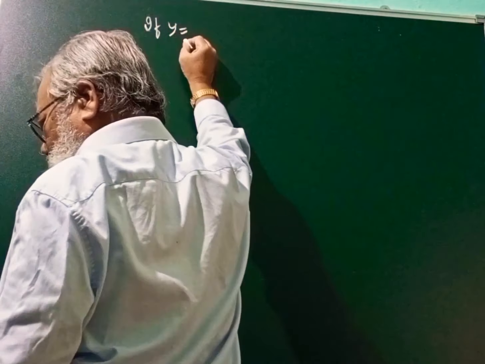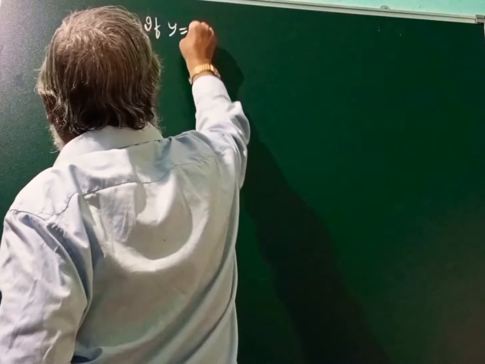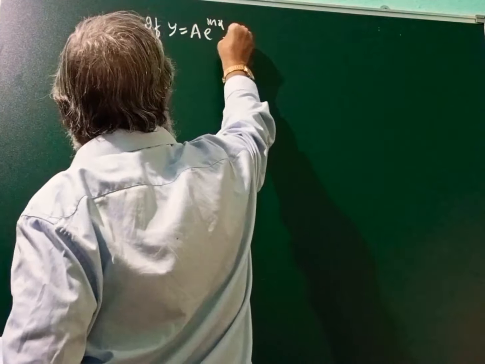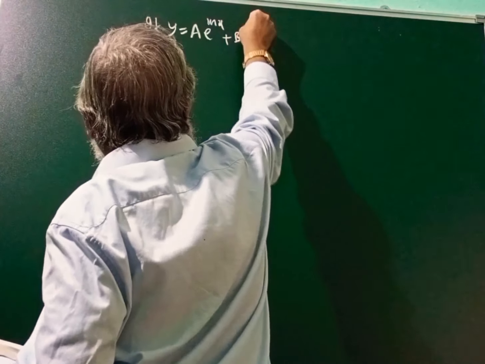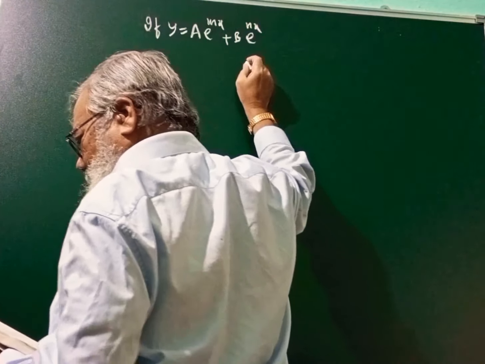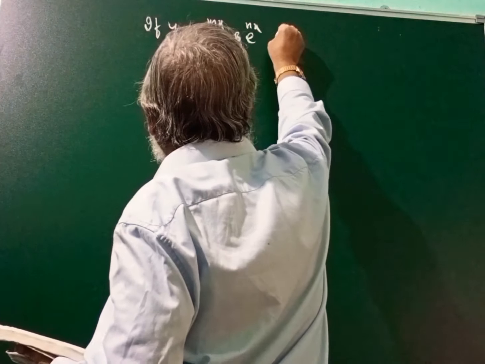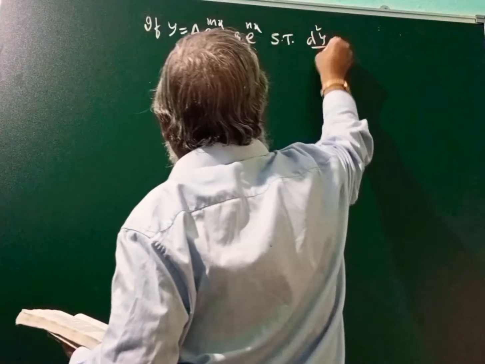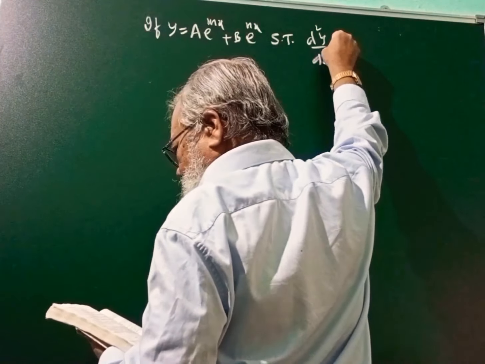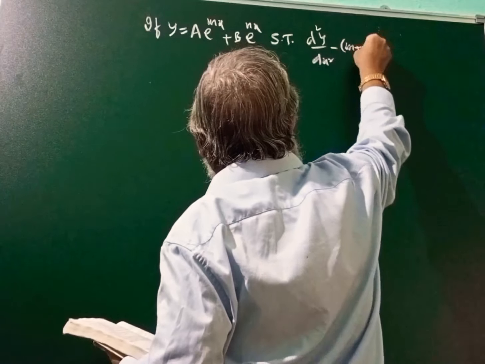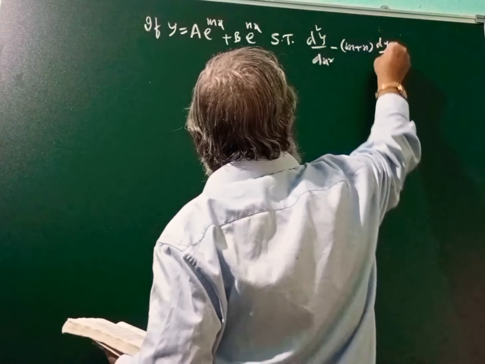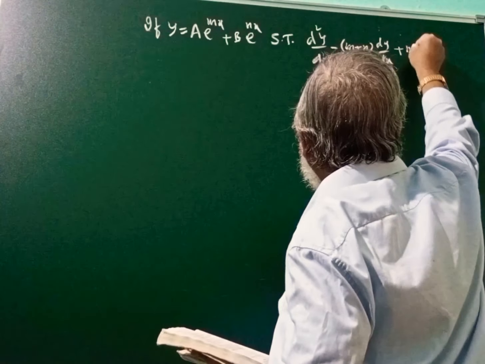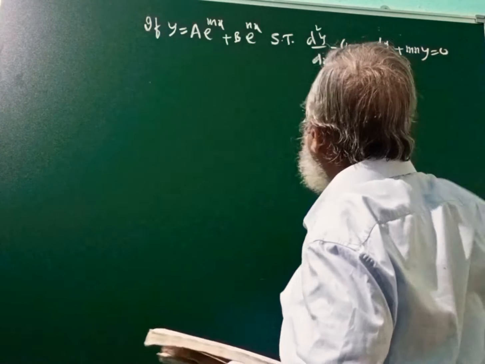Y is equal to a into e raised to mx plus b e raised to nx. Show that d square y by dx square minus m plus n into dy by dx plus mny is equal to 0.